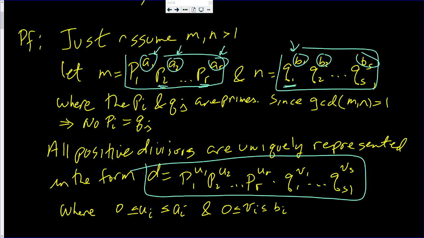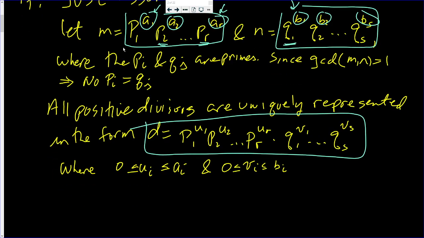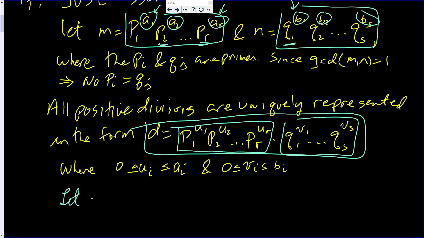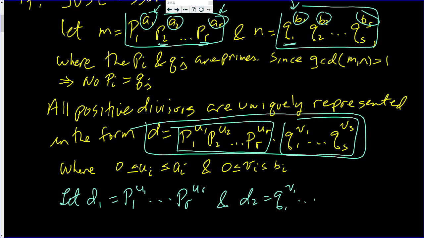So now that we have that, we can call that D1 and this D2. Let D1 be p sub 1 to the u sub 1 all the way up to p sub r to the u sub r, and D2 be q sub 1 to the v sub 1 all the way up to q sub s to the v sub s.